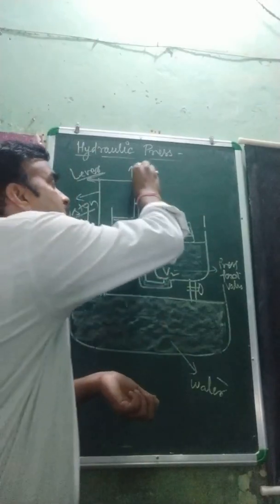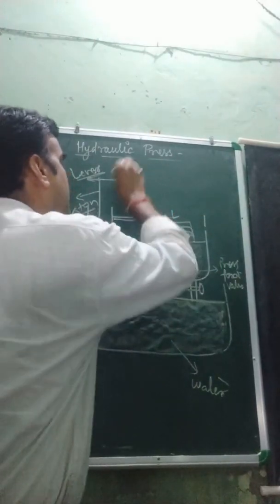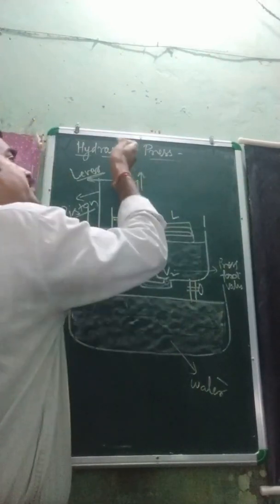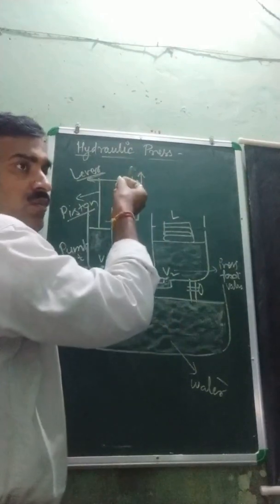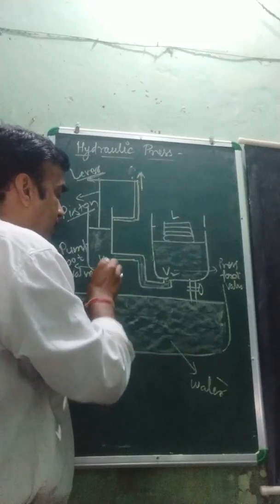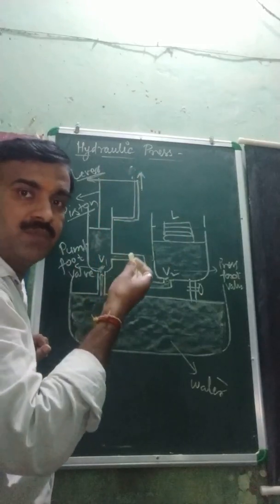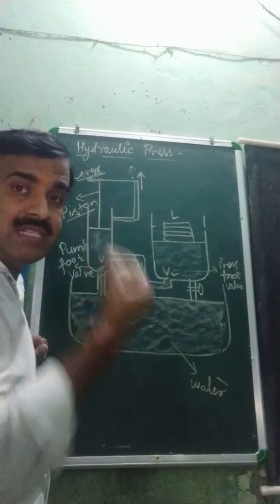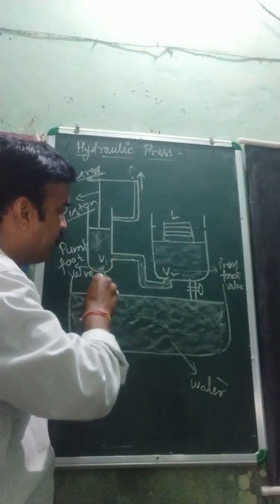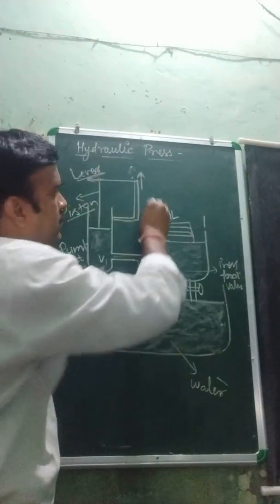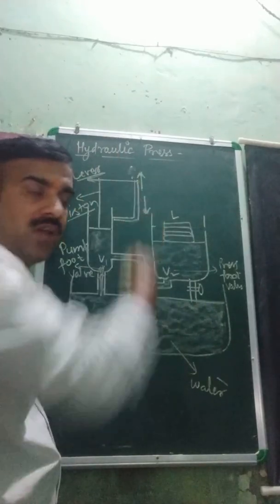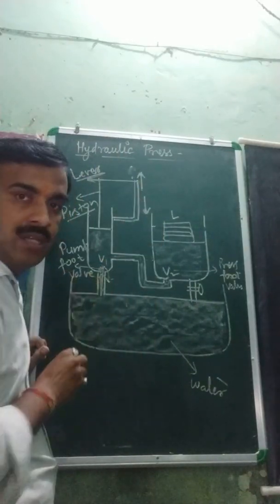Firstly, what you have to do is lift the lever. By the use of the lever you have to lift the piston in upward direction. Once it moves in upward direction, this valve V1 will open, and once it opens, immediately apply the pressure, shift the lever in downward direction, and it will close.